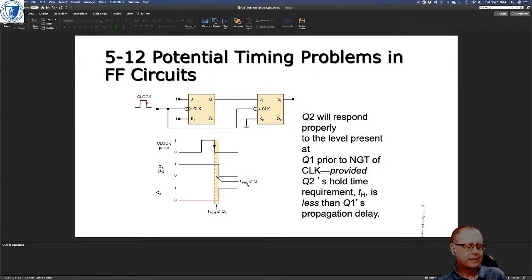CMOS can operate at lower voltages, but again, these timing issues happen with all of them. I don't believe they explicitly have more timing problems. The question in the chat that the video can't see is that Anthony's asking, is that also a reason we wouldn't use CMOS, because they operate at lower voltages, creating more timing problems?